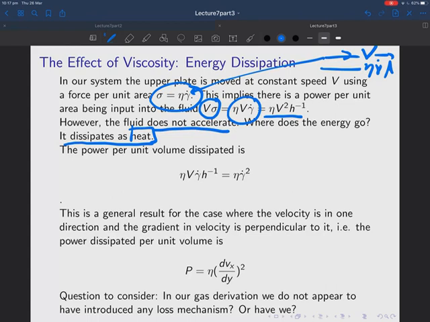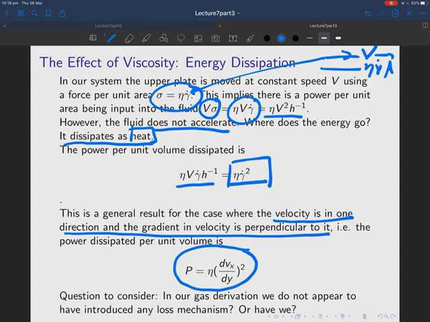So the power per unit volume is this, which you can also write as eta gamma dot squared. And that's a general result for the case where the velocity is in one direction and the gradient in the velocity is perpendicular to it. That's true in our case.